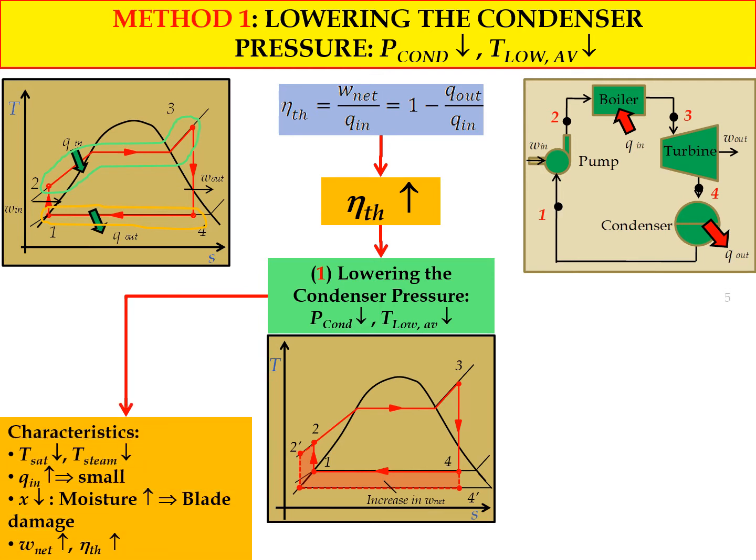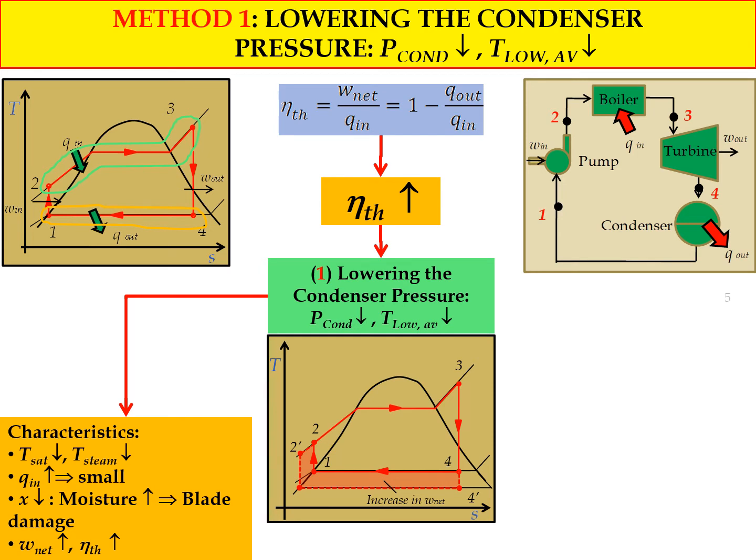And the characteristic is the T saturated is lower, the steam temperature at the saturated state is lower, and the steam temperature also will be lower. However, we need to add additional heat input to the system. However, the ratio of the work in and Q in is small, and so we can assume it is still efficient.